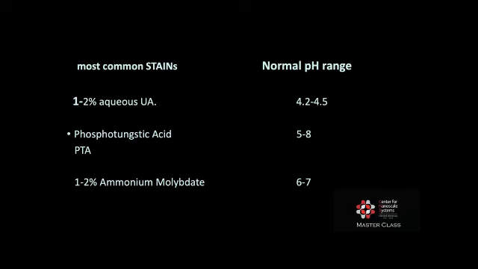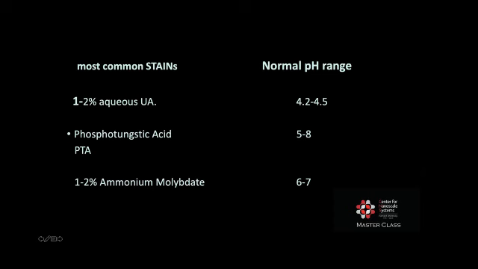The most common stain that we're going to be using is 1 to 2% aqueous uranyl acetate. Phosphotungstic acid is often used, and ammonium molybdate is often used. These heavy metal stains have different molecular sizes, and so may give you different resolution levels of fine structure.